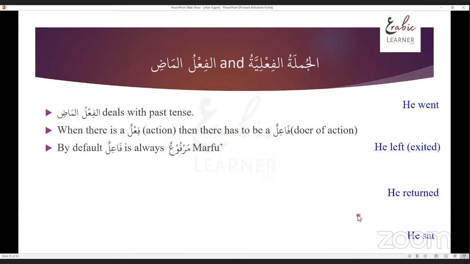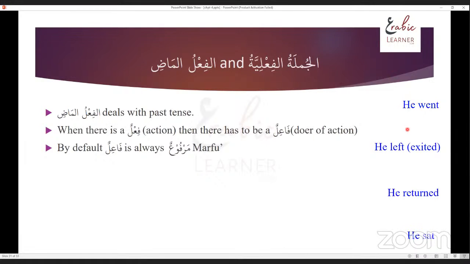Now by default, fa'il is always marfu'. Think about any sentence from common sense. He went. Who's the main subject, or who's the main person doing the action? That's he.